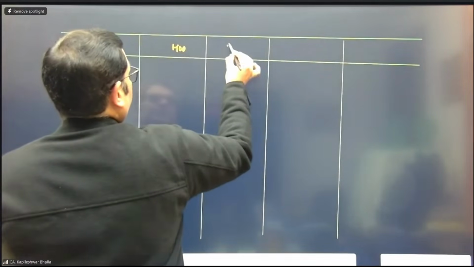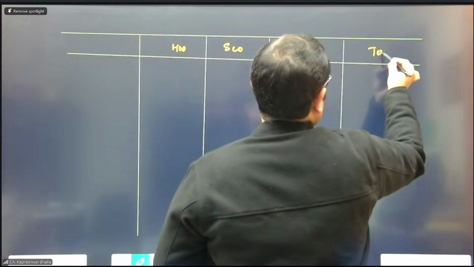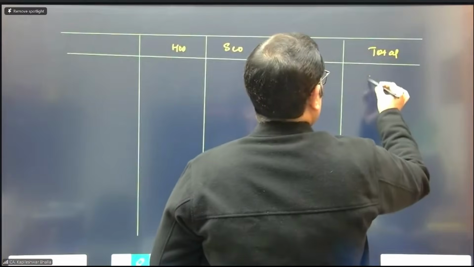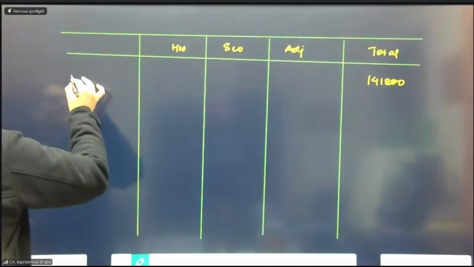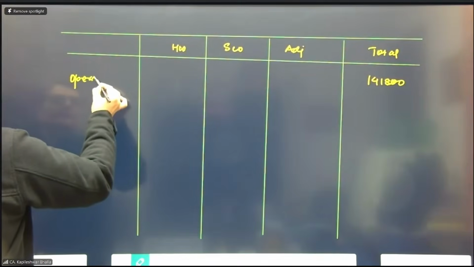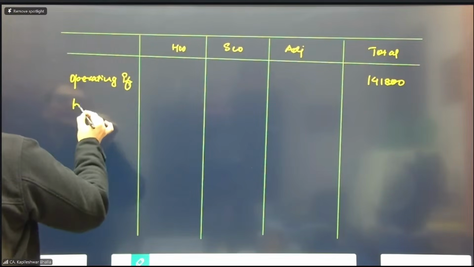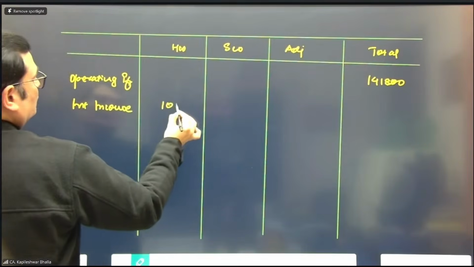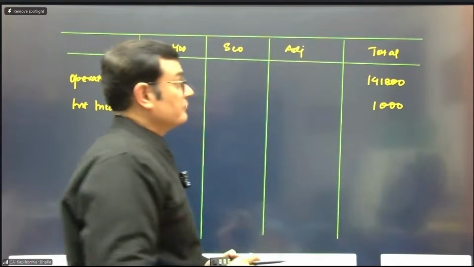So holding company, subsidiary company, adjustments, and total. Let's take the operating profit, 141,800. Then there is interest income. The interest income is 1,000. There is no adjustment. It remains at 1,000.